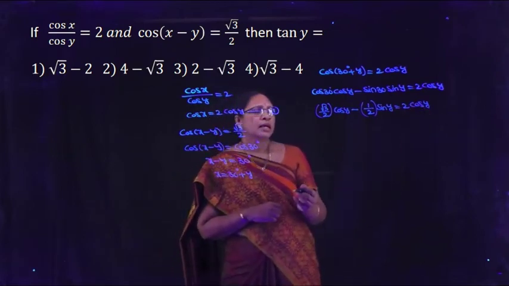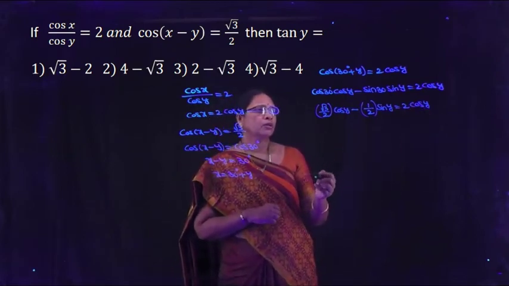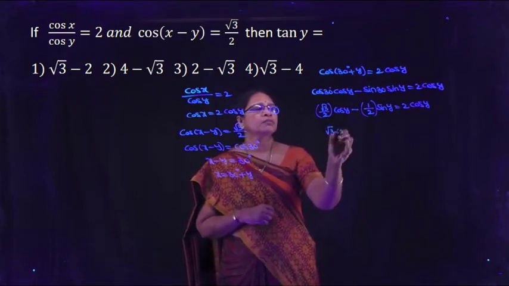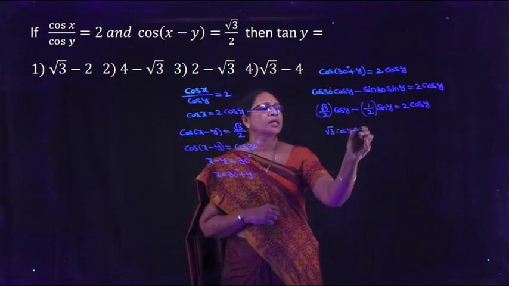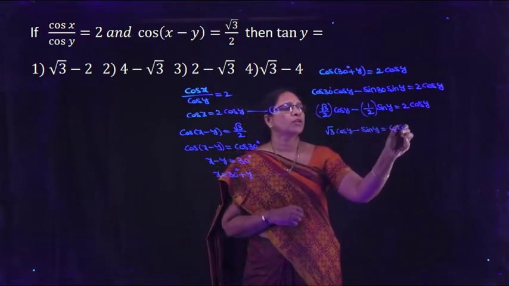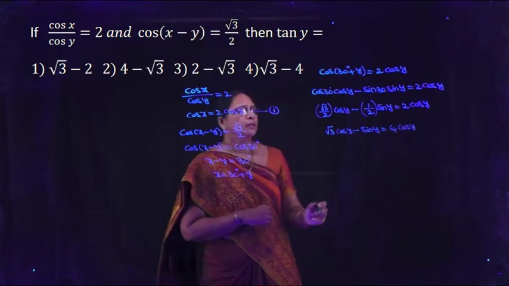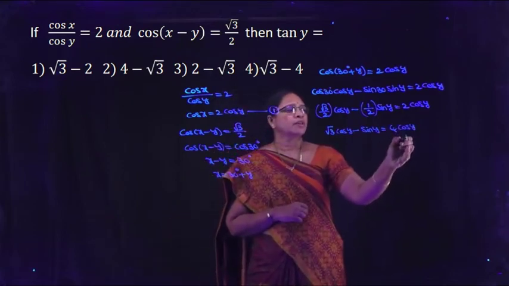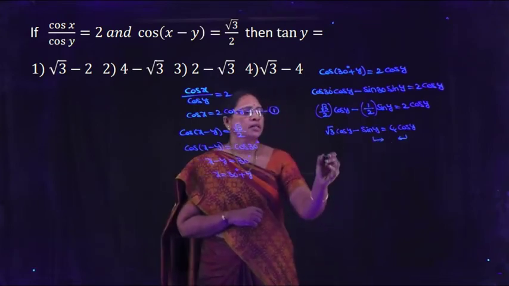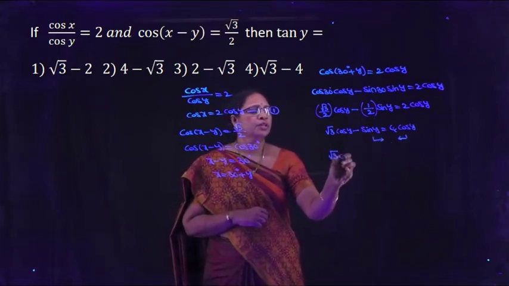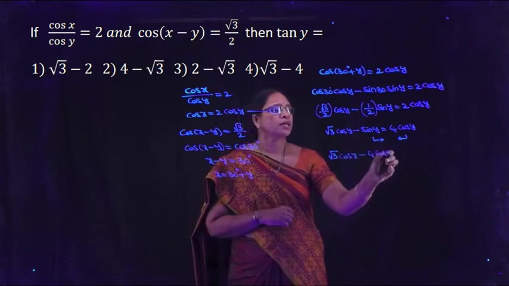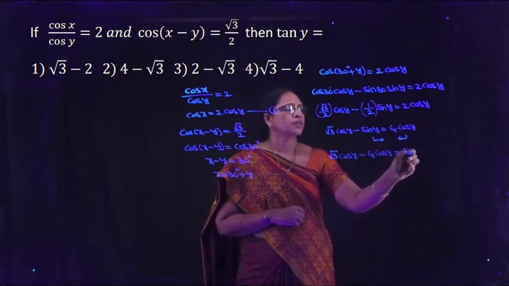Taking a LCM and cross multiplying we get root 3 cos y minus sin y is equal to 4 into cos y. Taking it into left hand side and this into right hand side we get root 3 cos y minus 4 cos y is equal to sin y.